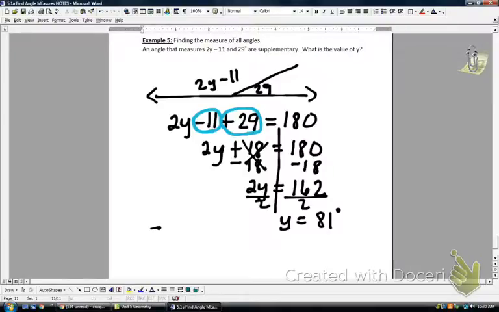Oh, and that's not degrees, that's just 81. Find the value of y. So my value of y is 81. And I don't have to find the angle measure, which I could have done without algebra anyways. The value of y is 81. If something doesn't make sense, please come see me in the morning.